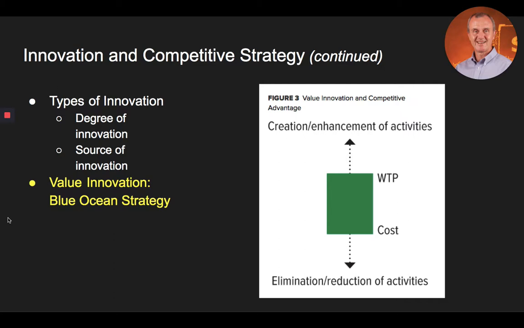So, in summary on innovation and competitive strategy, firms compete by engaging in a range of innovations. Some are more incremental or closely built off existing technologies for existing markets. These are lower risk, affordable, and easy to communicate to customers.